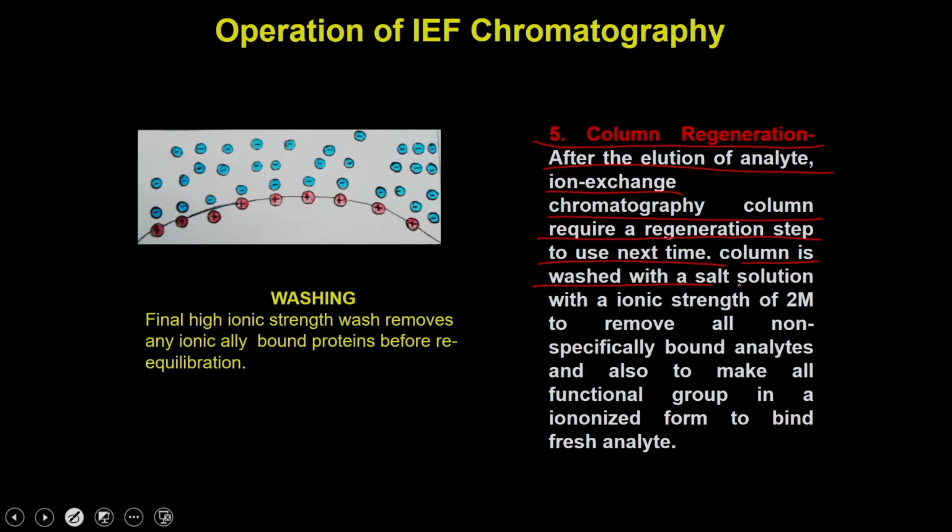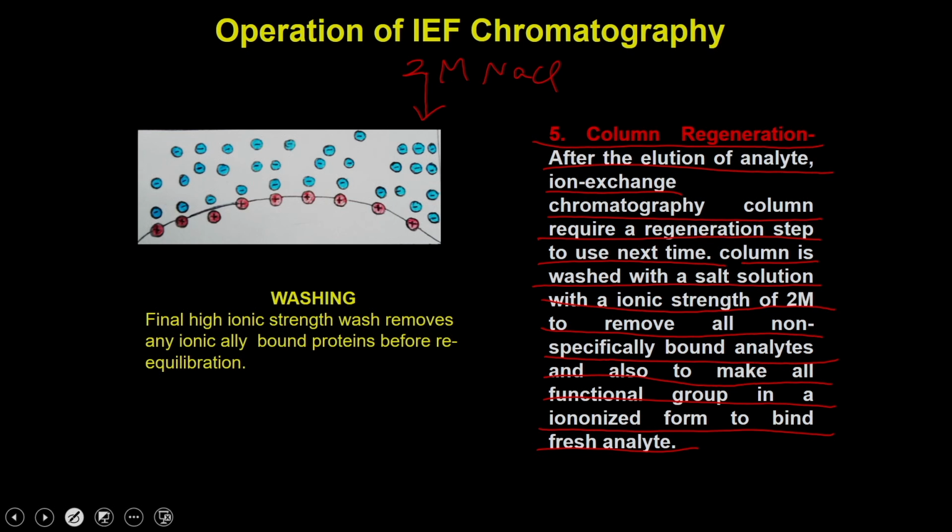The column is washed with a salt solution with an ionic strength of 2 molar to remove all non-specifically bound analyte, and also to make all functional groups in an ionized form to bind the fresh analyte. Which means you are going to wash this with 2 molar NaCl.